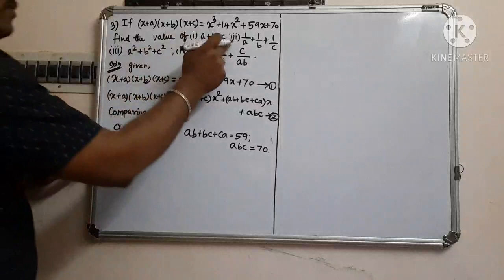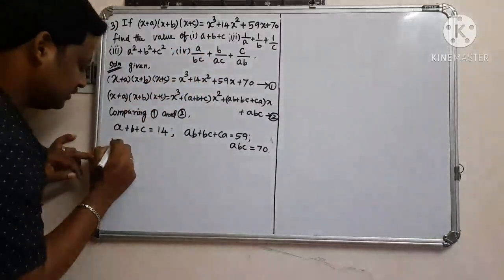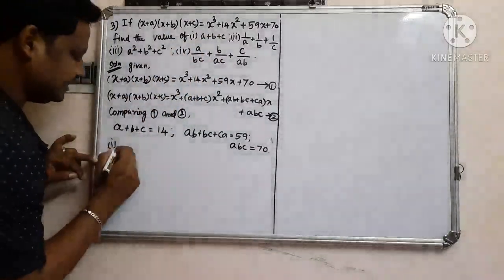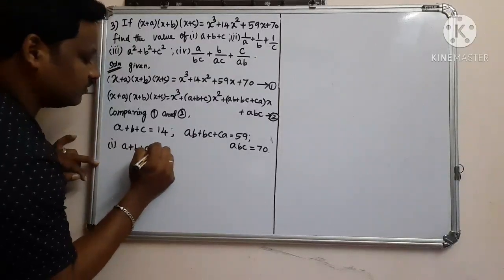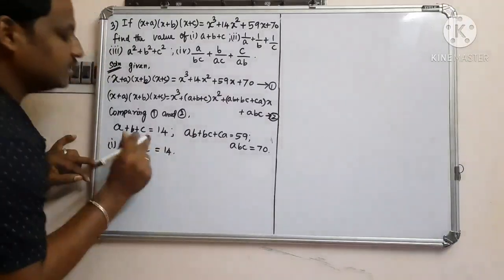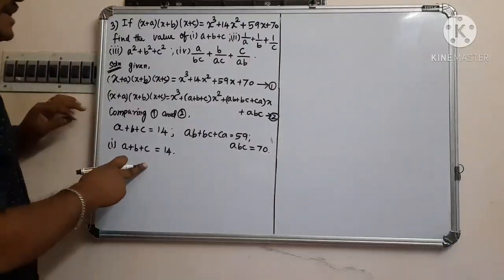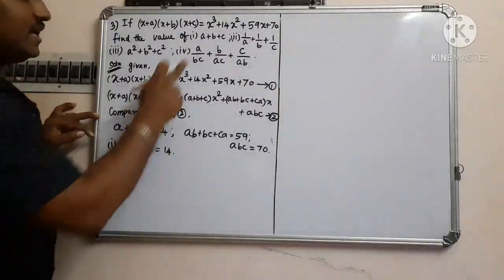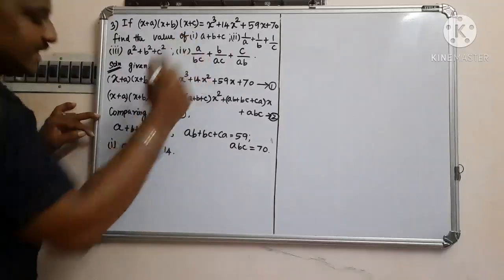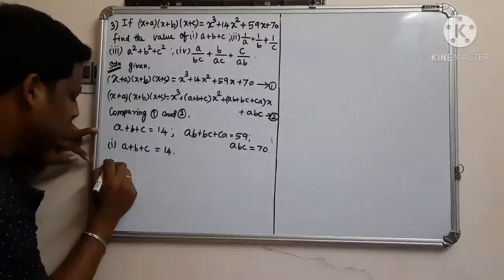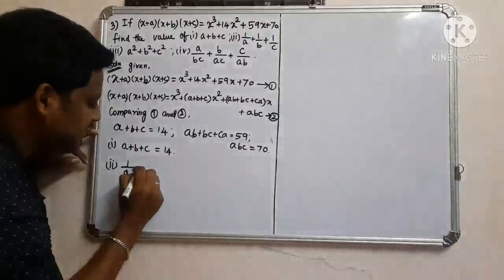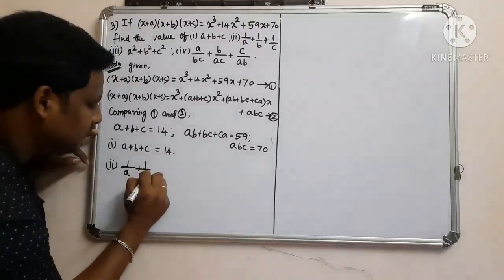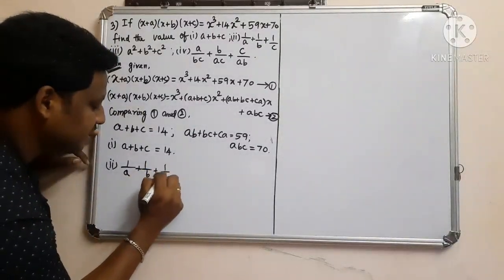Okay, so now we have to find the first one, which is already given: a + b + c value is equal to 14. So from this we can write directly a + b + c is equal to 14. And then the second one is 1/a + 1/b + 1/c.